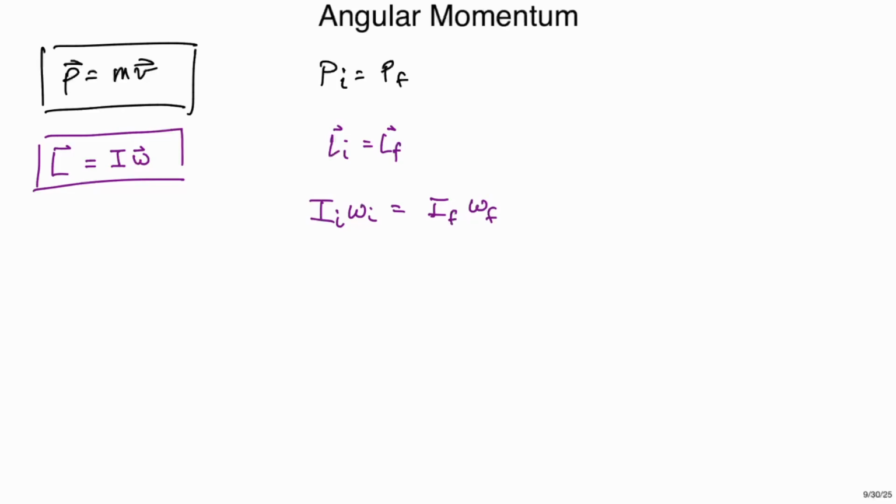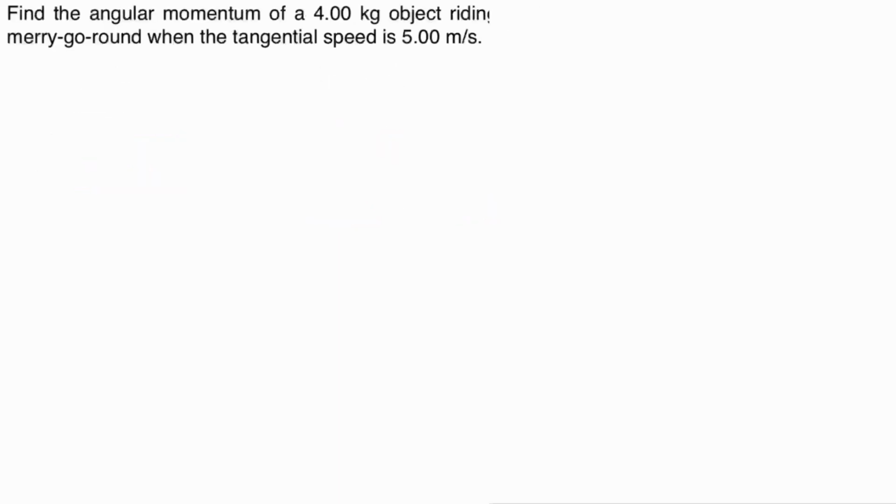And it's the moment of inertia that's doing all the changing. Okay? So there's some change in where the mass was located that gave rise to a different omega. So that's more what conservation of angular momentum problems are like.